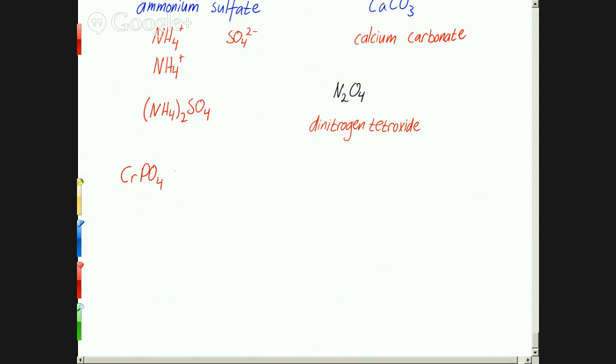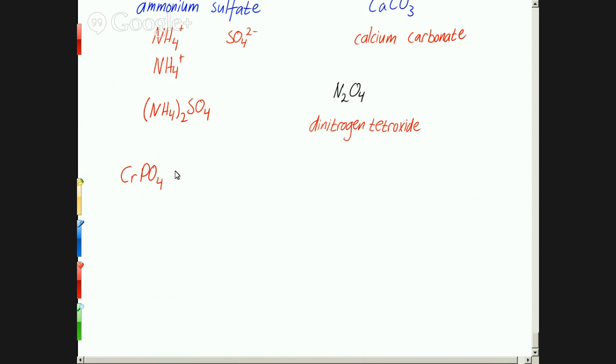CrPO4. Just want the name, but the full and correct name.